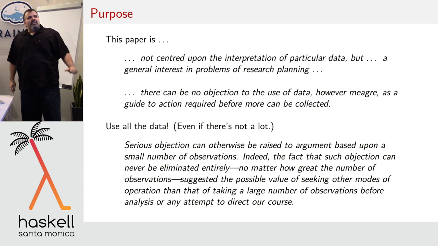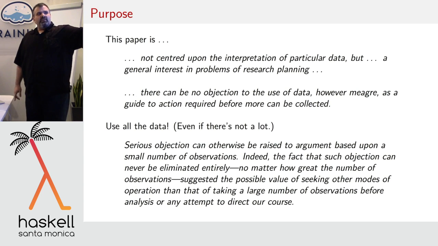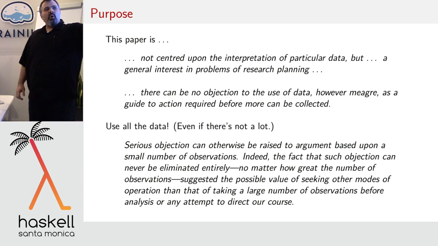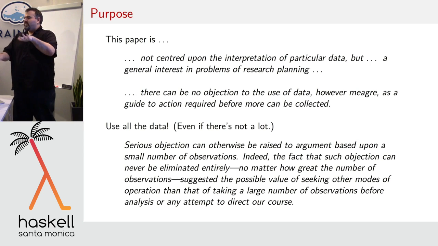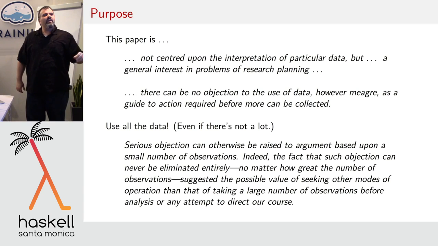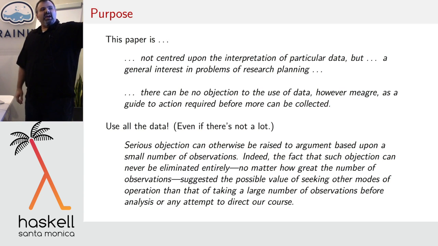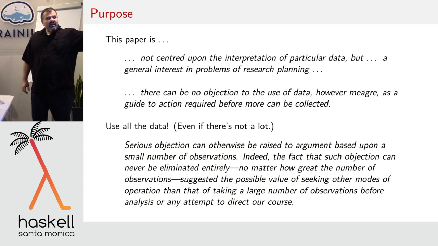And he goes on to say, there can be no objection to the use of data, however meager. Think about the title, on the evidence of two samples. There can be no objection to the use of data, however meager, as a guide to action required before more data can be collected.